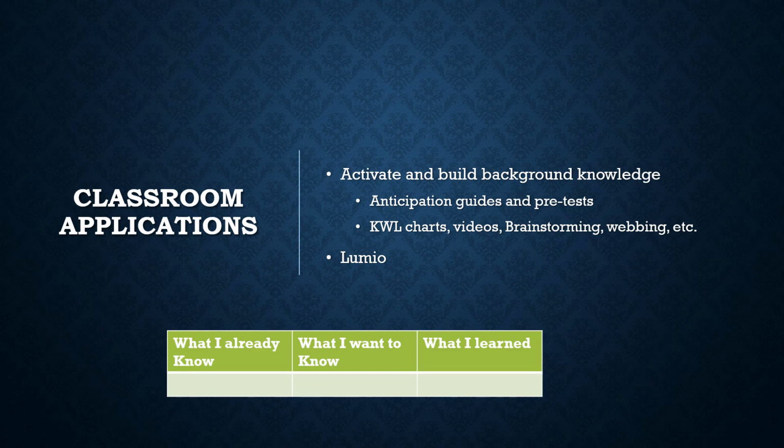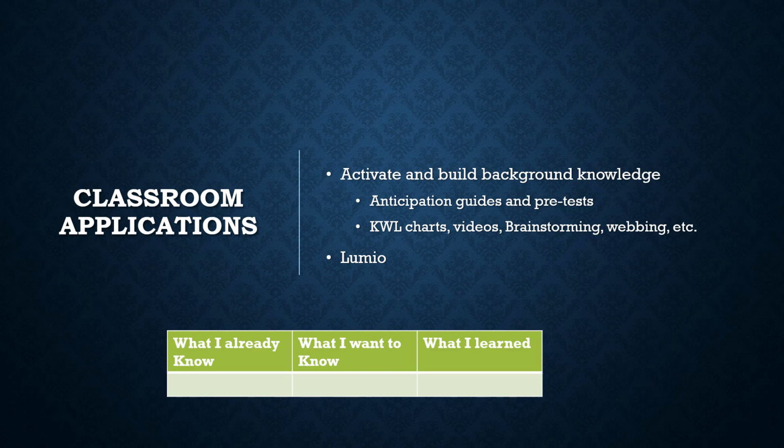Once I've figured out where their levels are and what kind of background knowledge my students have, I can then go forward with either building more background knowledge or activating the background knowledge they have. And lots of times it's a combination of both. So some ways that I can help build background knowledge, especially for my English language learners, that are effective, is to watch videos on the topic, have discussions, and use other language skills other than reading to help build up this background knowledge.